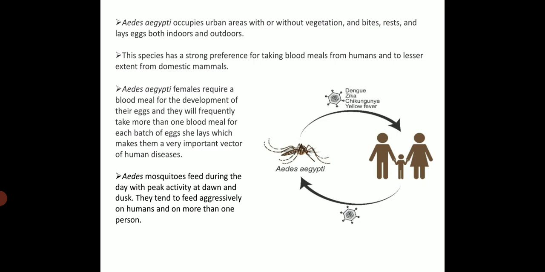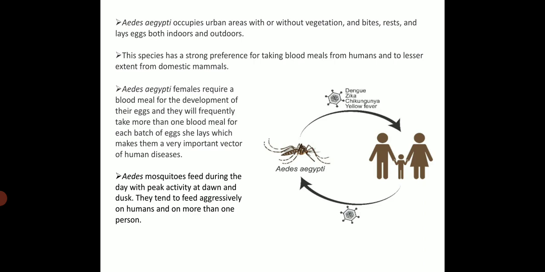Aedes aegypti females require a blood meal for the development of their eggs, and they will frequently take more than one blood meal for each batch of eggs, which makes them a very important vector of human diseases.